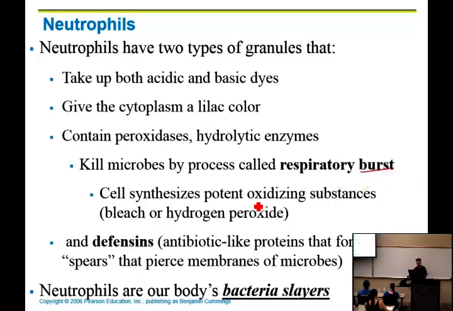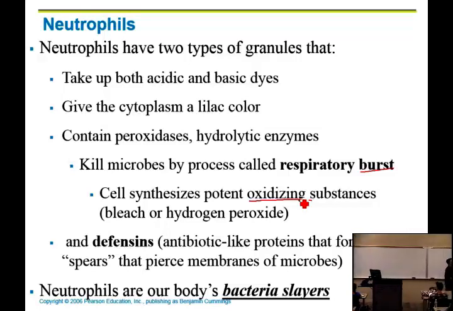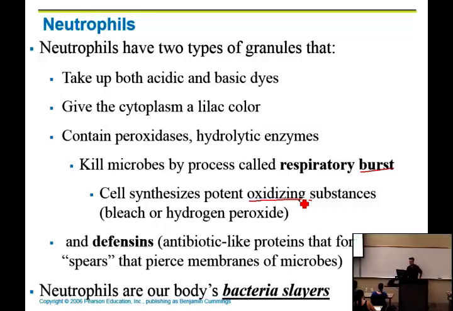What they do is they synthesize oxidizing substances. Think of things like bleach and hydrogen peroxide, how they help to kill off things, right? We're using bleach solutions to clean the tabletops in the lab. And so they also produce oxidizing substances in those little granules that we said that they have. So they will release those onto things like bacteria and help to digest them and kill those microbes.